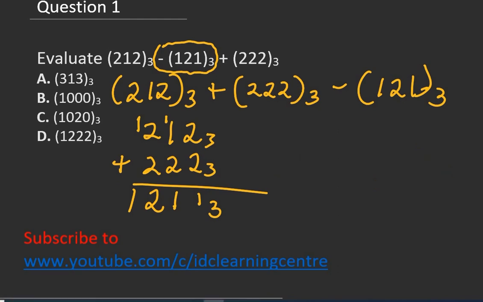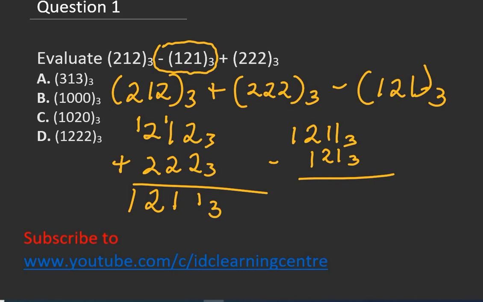Let's bring out our answer for the addition. We have 1211 base 3 minus 121 base 3. Here, 1 minus 1 is 0. 1 minus 2, not possible.